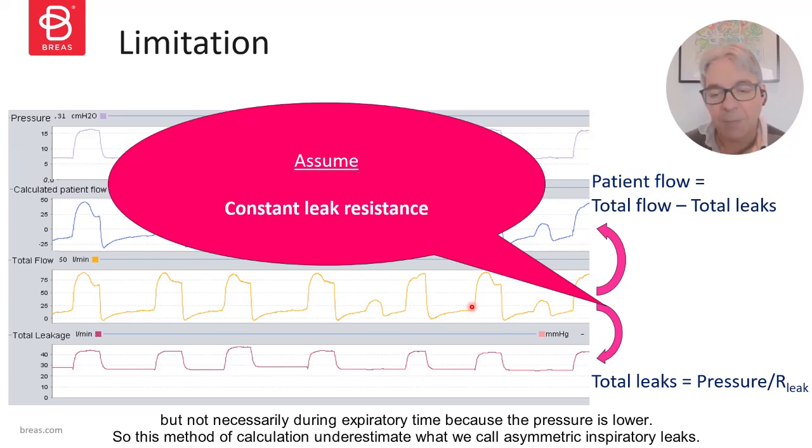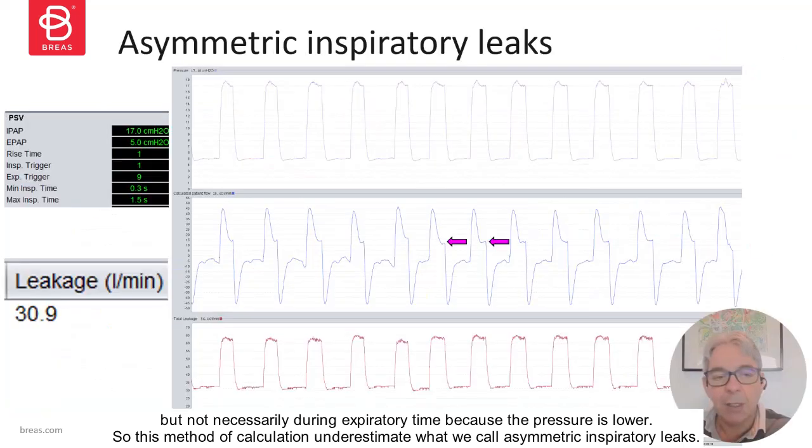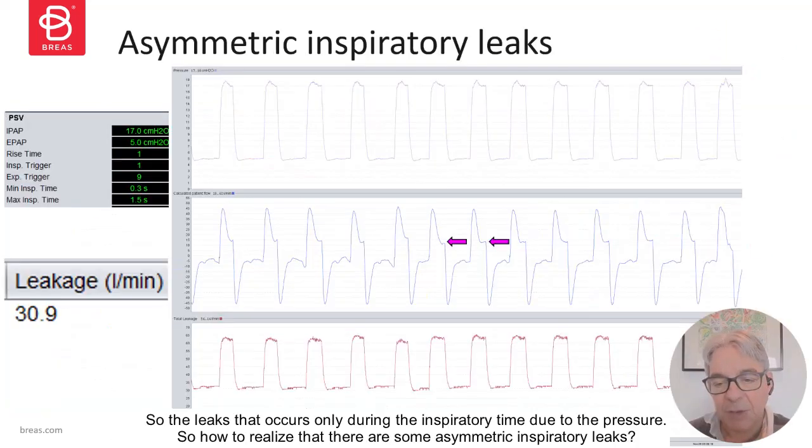So this method of calculation underestimates what we call asymmetric inspiratory leaks, so the leaks that occur only during the inspiratory time due to the pressure.